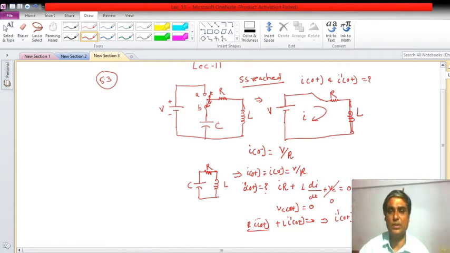And now see, the switch connects to B. Previously the inductor has been fully charged, and the capacitor was initially uncharged.